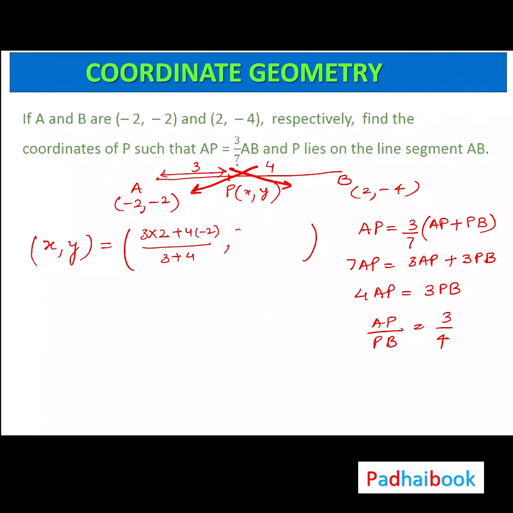Similarly, for the next, it will be 3 into minus 4 plus 4 into minus 2 divided by 3 plus 4. So 6 minus 8 by 7, and here you have minus 12 minus 8 by 7. So I have the answer: minus 2 by 7, and minus 20 by 7.